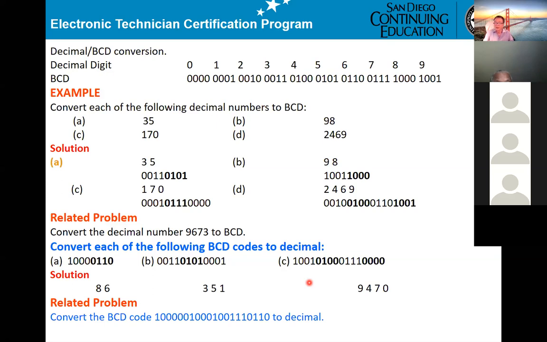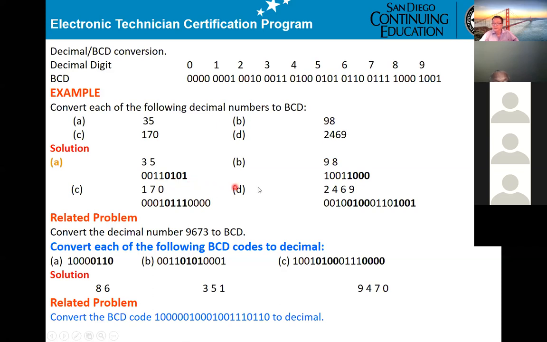Now you see the example, number 35. First you convert number 3, which will be 0011, 4 bits, and the number 5 will be 0101.